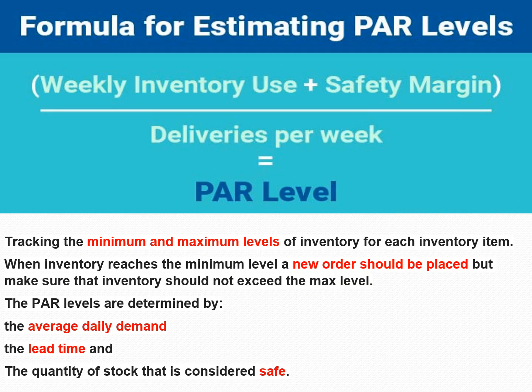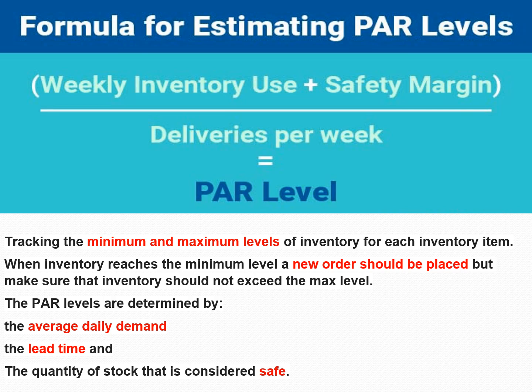The next technique is periodic automatic replacement or par level technique. It is a way of tracking the minimum and maximum levels of inventory for each inventory item. When inventory reaches the minimum level, a new order should be placed, but make sure that inventory doesn't exceed the max level.